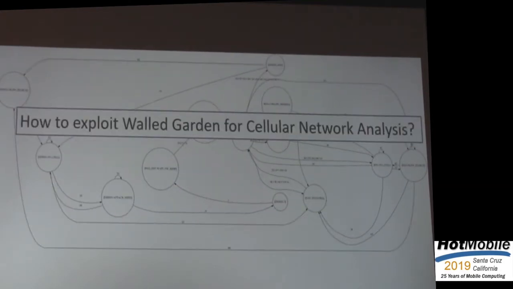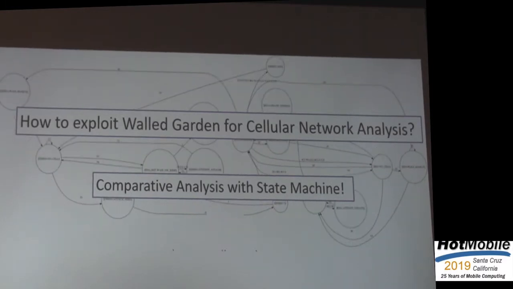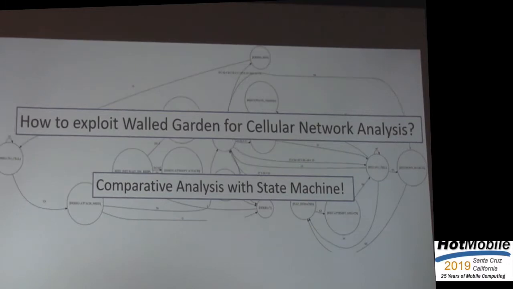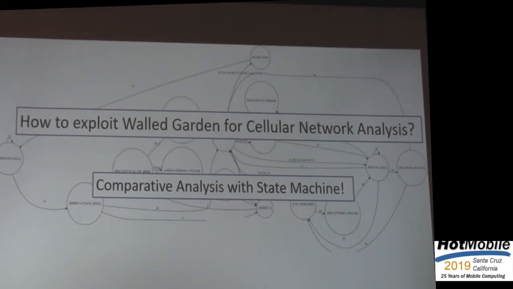Then what can you do with this? Obviously, one operator implements some part better than others. So by leveraging this nature, we may be able to figure out the bottlenecks or problems. In other words, comparative analysis of state machines might be useful.